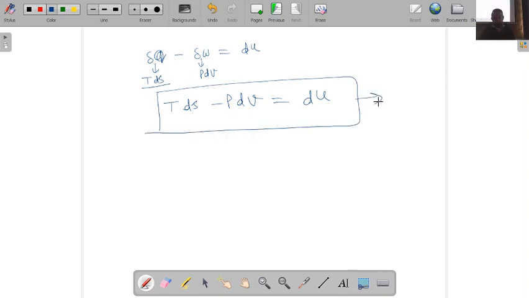You can see now that I have obtained this first law of thermodynamics completely in the form of properties. T is a property, S is a property, P, V, everything over here is nothing but a property of the system. That's why this is called the thermodynamic property relation.